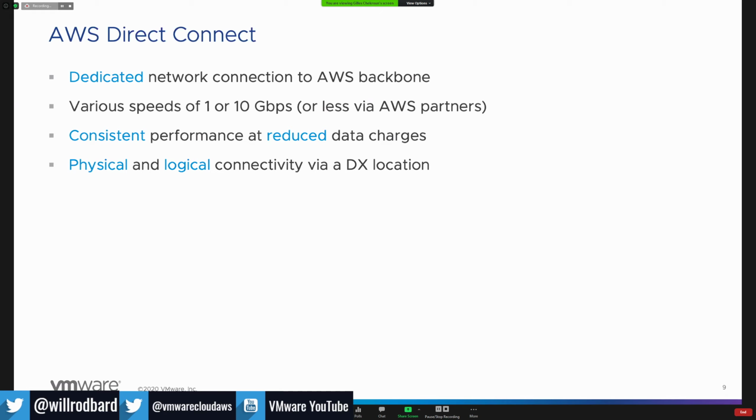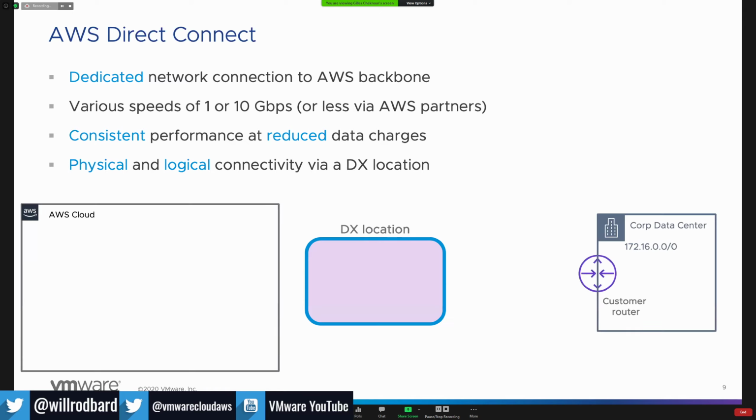It has a physical and a logical connectivity via something that AWS calls a Direct Connect location. So there are maybe 80 or something like that Direct Connect locations around the world. And within the Direct Connect location, you have an AWS device and a customer device.